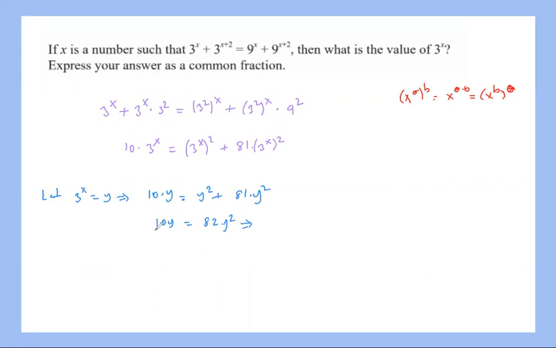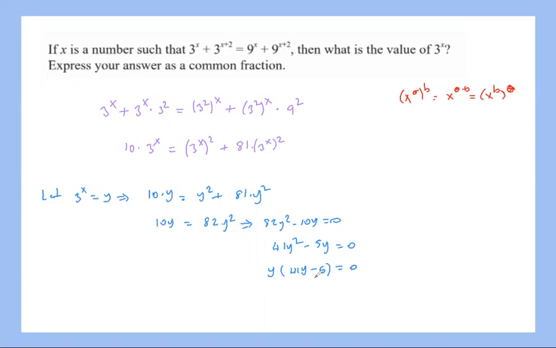If I subtract 10y from both sides, I will get 82y squared minus 10y equals 0. And you may divide by 2 because it is divisible. So 41y squared minus 5y is 0. Since we have y in both terms as a common factor, we can pull that out. So that should be y times 41y minus 5, and that will be equal to 0.